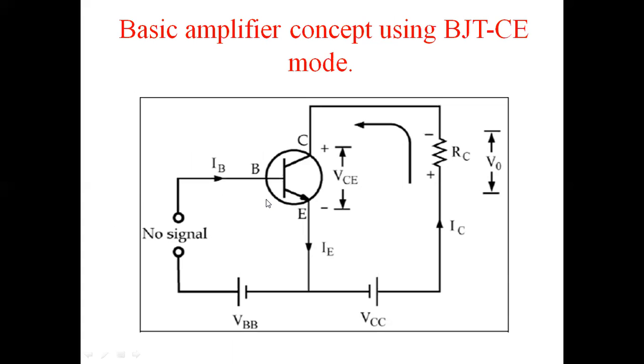The transistor is said to be in the active region if the input region is forward biased and the output region is reverse biased. So we have to make the input region forward biased and the output region reverse biased for all the values of the input signal, that is, the AC signal we connect.